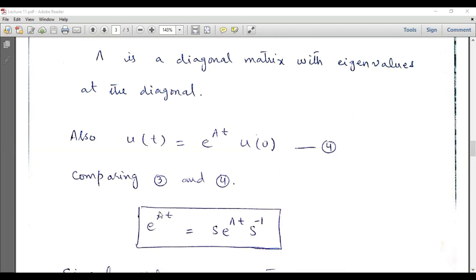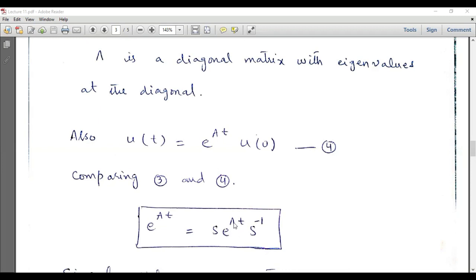So we must know the matrix of eigenvectors of A, which is S matrix. Here we will have the inverse of this S matrix, and in between we will have e^(Λt). So if this is a 2 by 2 matrix, e^(Λt) will also be a 2 by 2 diagonal matrix.